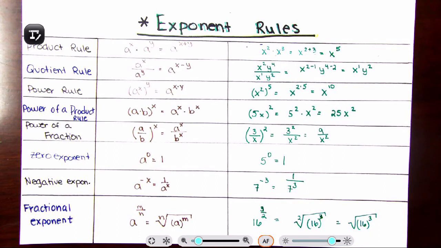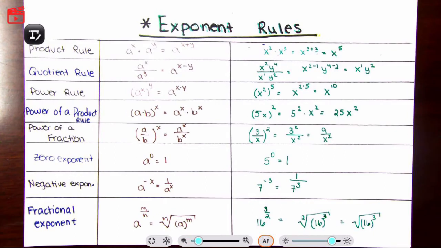So I'm just going to briefly go over them. What I recommend is taking a picture of this, or always having this present. Google is fantastic. If you type into Google "exponent rules PDF", there will be plenty of PDFs for you to print out that look a lot better than mine. I just wanted to briefly go over it in my video.